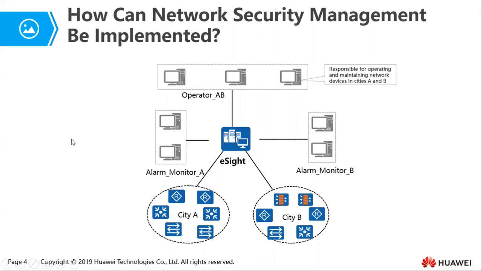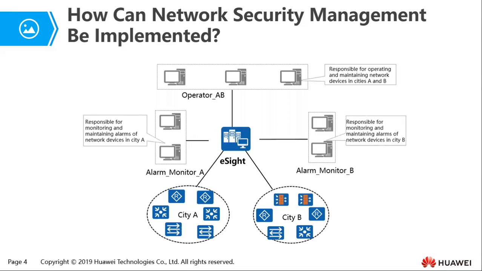To do that, this operator AB is responsible for operating and maintaining network devices in both city A and B. This one is only responsible for monitoring and maintaining alarms of network devices in city A. This one is responsible for monitoring and maintaining alarms of network devices in city B. So the network administrators have different operation rights, implementing network security management to a certain extent.